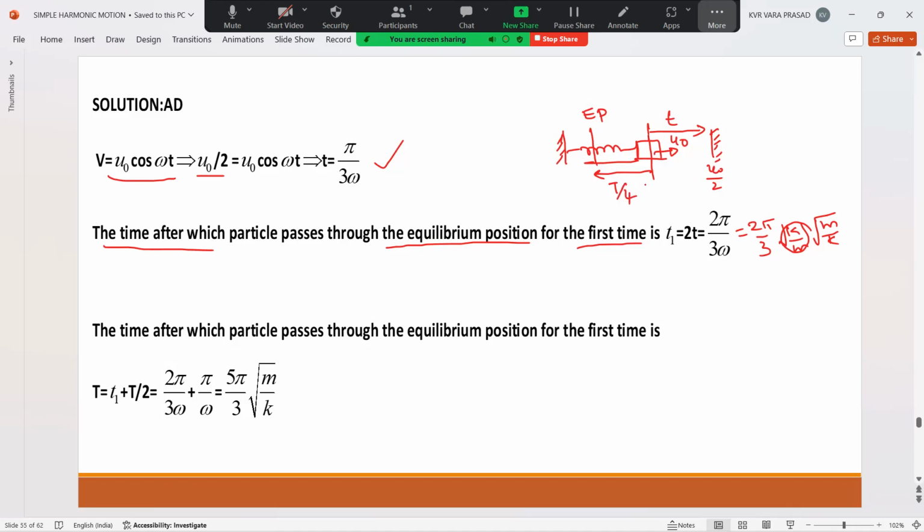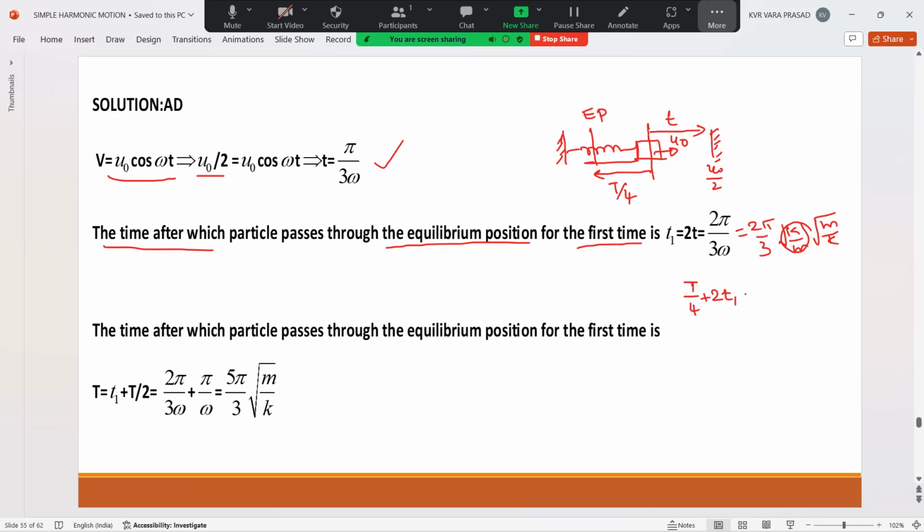Therefore, the total time taken will be T by 4 plus 2t1.